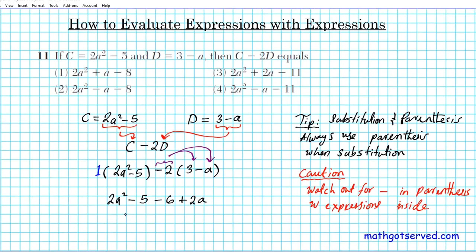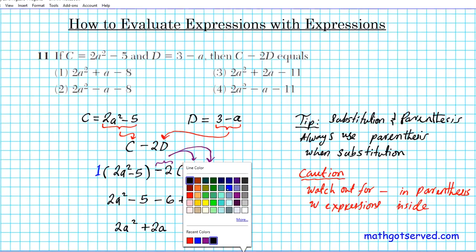Now we're going to combine like terms. We'll drop down any term without any like terms to be combined with, starting with the highest degree term. The highest degree term here is 2a squared. The degree of this term is 2, so it's 2a squared. There's nothing to be combined with that. 2a, the first degree term, has nothing to be combined with, so we just bring it down.